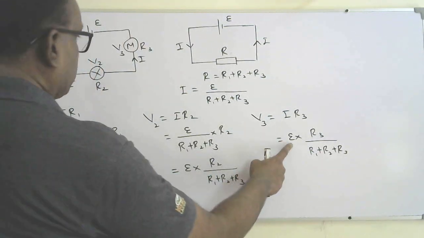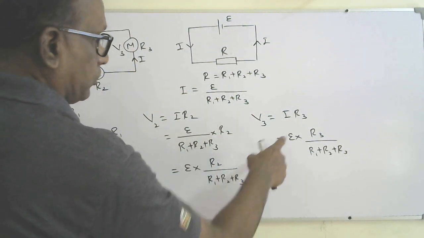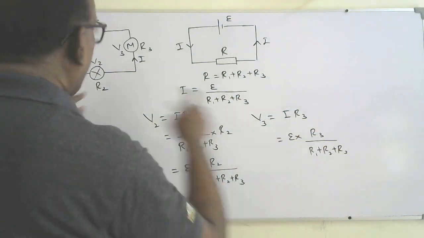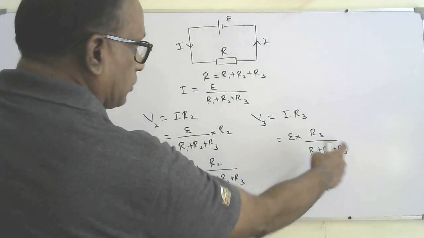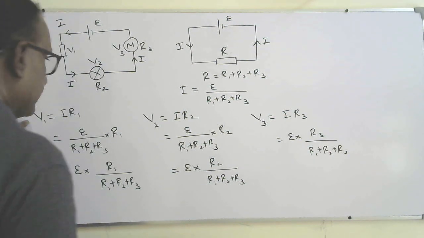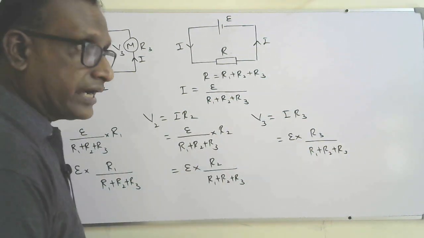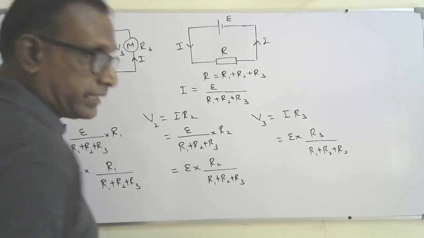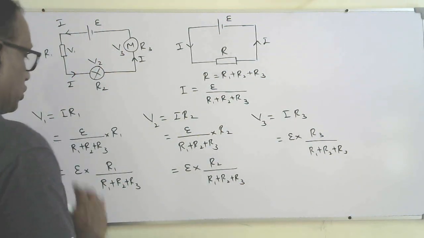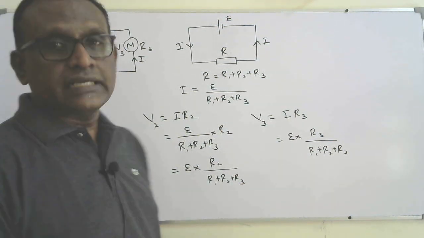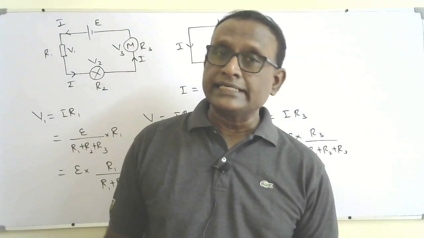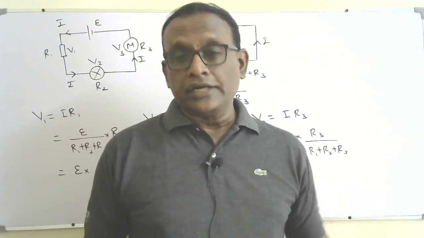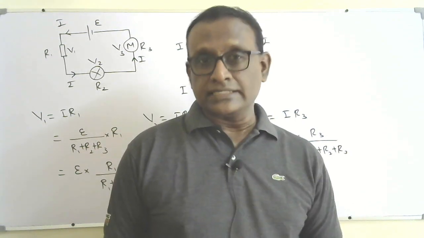So V1 is to V2 is to V3 will be R1 is to R2 is to R3. That means the total voltage is divided across the components connected in series according to the ratio of their resistance.